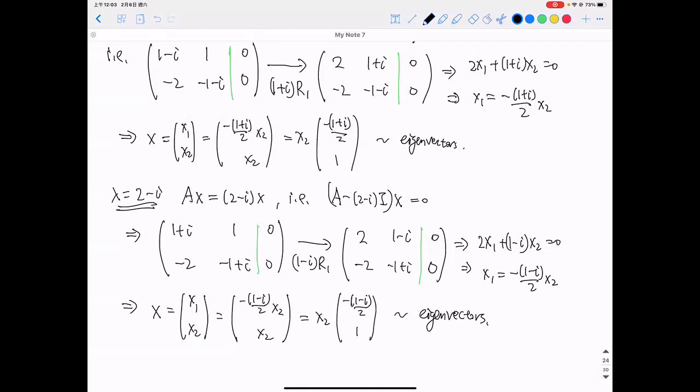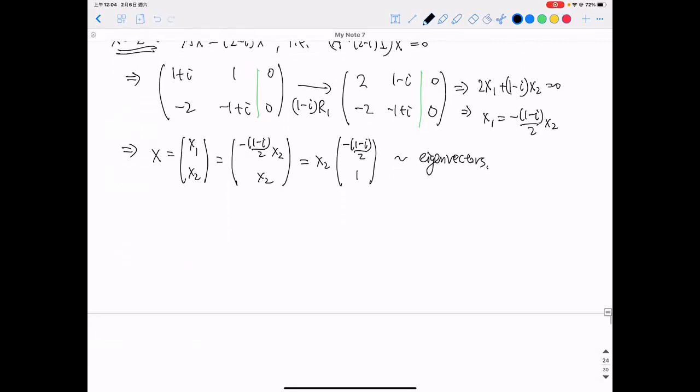Because eigenvalues are possibly complex numbers, you are forced to consider complex vectors as well, and things can get complicated when you have that. So let's do one more example.